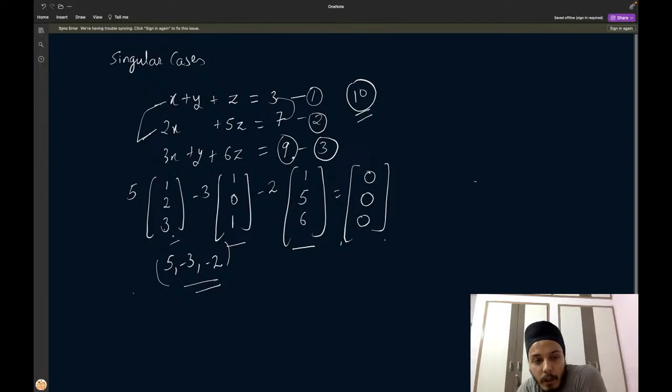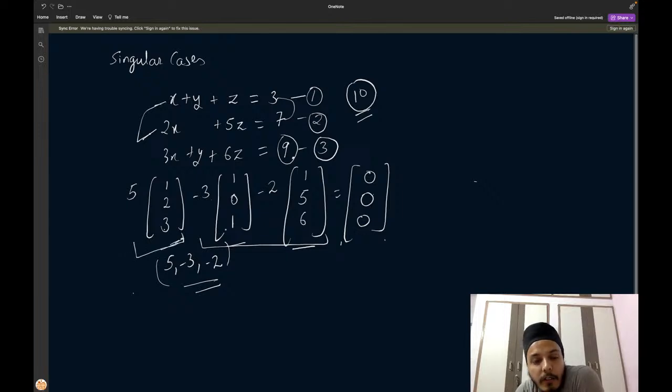So 5 times column 1 minus 3 times column 2 minus 2 times column 3 will give a zero vector. So here only two columns are independent, and the combination of these two columns will give us the other column.